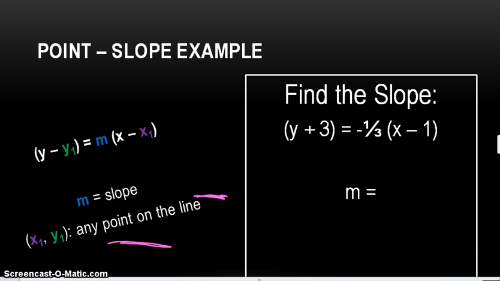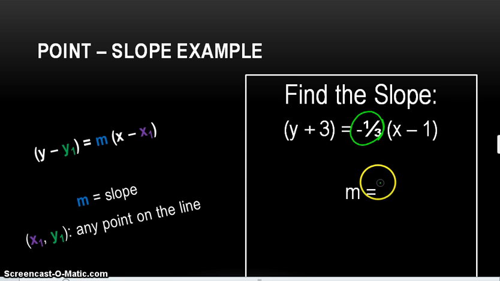All right, so if they give me that the equation of y plus 3 equals negative 1/3 times the quantity x minus 1, I should be able to pick out the slope as well as the point that's on that line. So remember, the slope's going to be right in front of the quantity x minus or plus something.